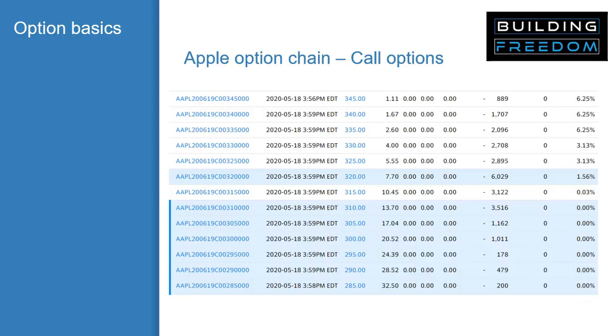In the option chain, if in a month from now we wanted to be able to buy the Apple stock at 320, we would have to pay $7.70 per stock. And since an option is covering 100 stocks, we would have to pay $770 for this option to buy 100 Apple stocks in a month from now at 320.